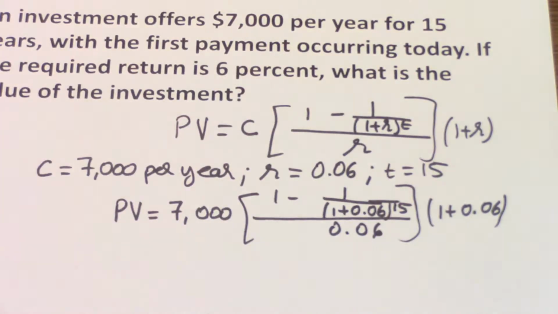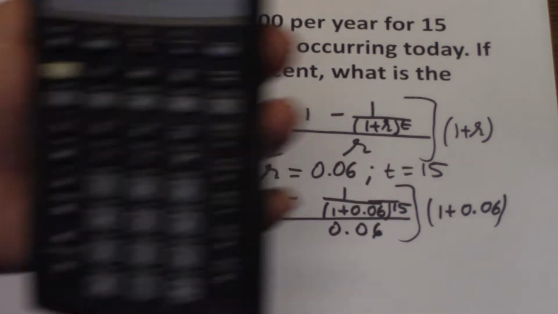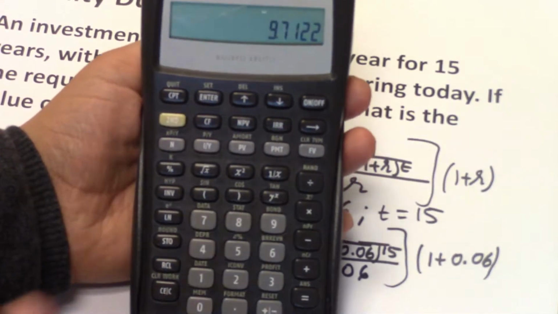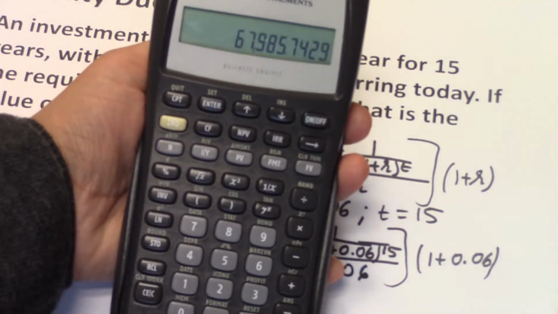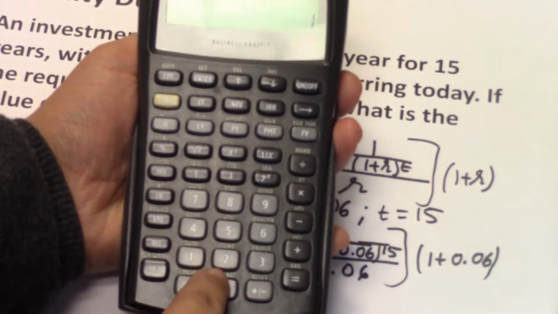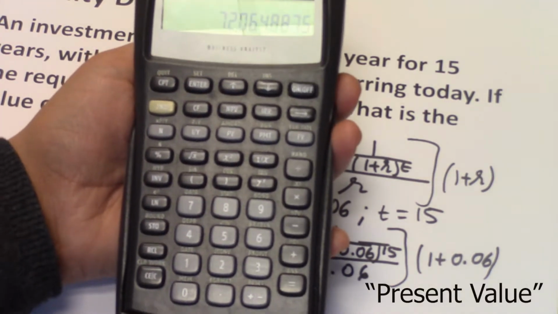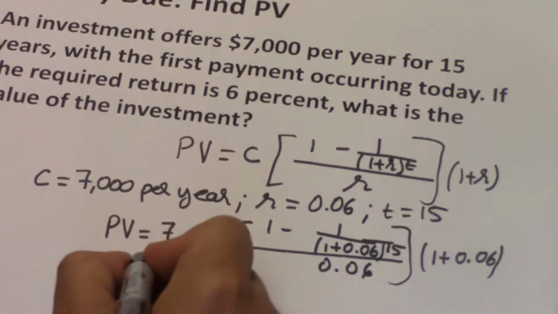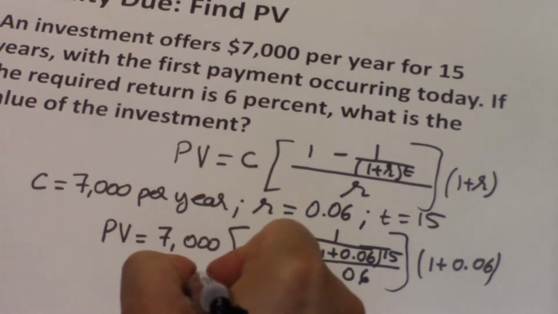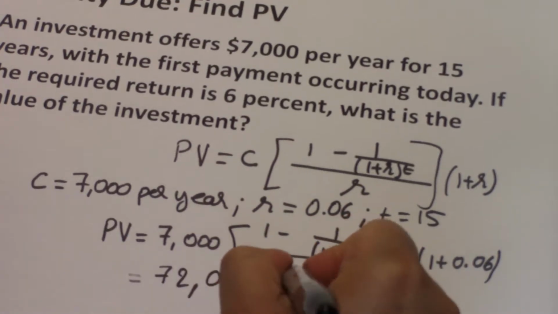Now what we can do, so we got this number right here, we can multiply by 7,000 and then multiply by 1.06. So this times 7,000 times 1.06, which gives us a value of 72,064.88.